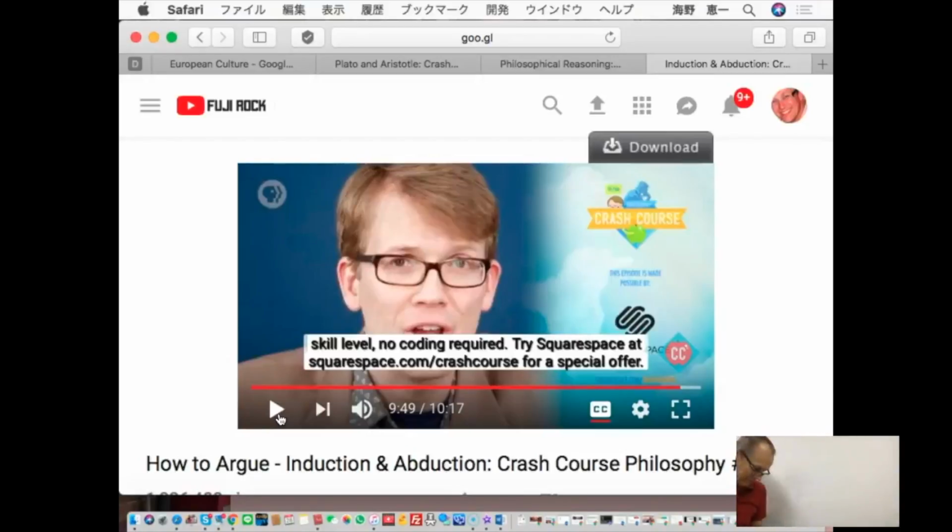And about induction, we should be very careful when using the induction method because of, for example, the black swan theory. Usually European people think swans are white. But in Australia, there were black swans. Or you could argue that apples always fall down, therefore gravity exists.